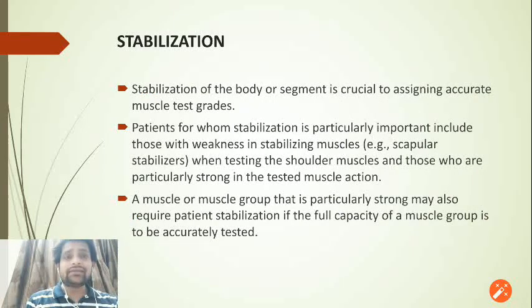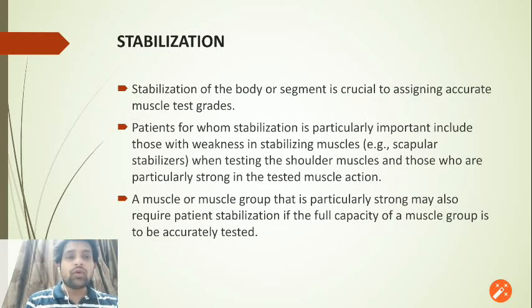And next, stabilization. Stabilization of the body or segment is crucial to assigning accurate muscle test grades. By stabilization we can prevent substitute motion, and we can focus on particular muscles or particular movements.